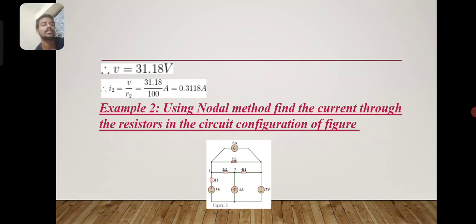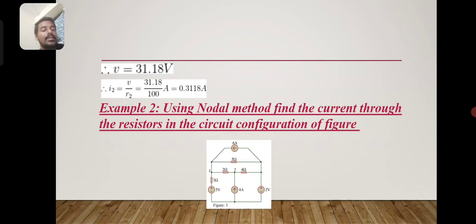Second one. Using the nodal method, find the current through the resistors in the circuit configuration of the figure. At the top, 6 amperes current is flowing to the left, R2 is 2 ohms, R3 is 4 ohms, R4 is 3 ohms, and the battery is 5 volts.